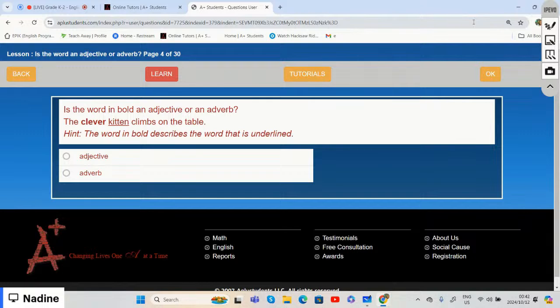And if we look at the word kitten, right? Kitten is a cat, but now we are describing the kitten. We are saying the kitten is clever.